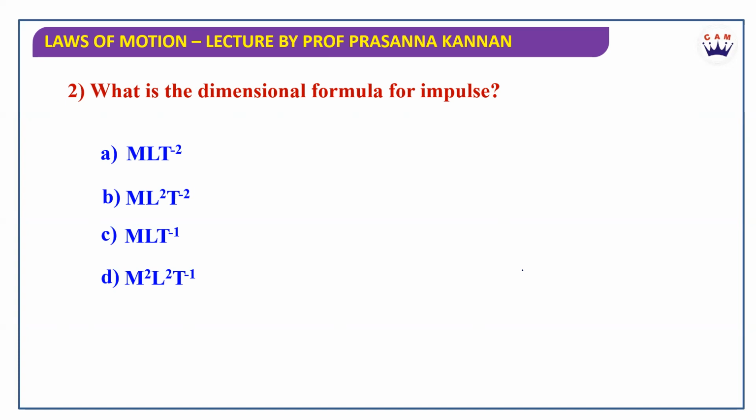I will repeat. The answer for this is known. Answer is third option, okay? For impulse, the dimensional formula is MLT power minus 1. There is one more physical quantity which has the same dimension. What is it?